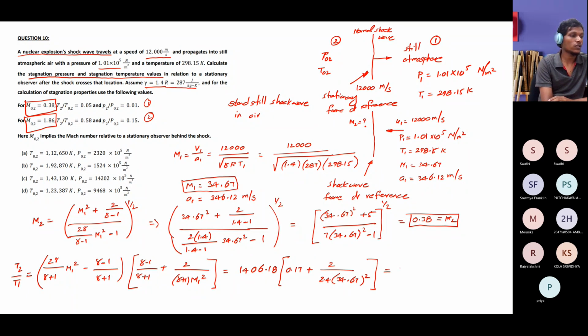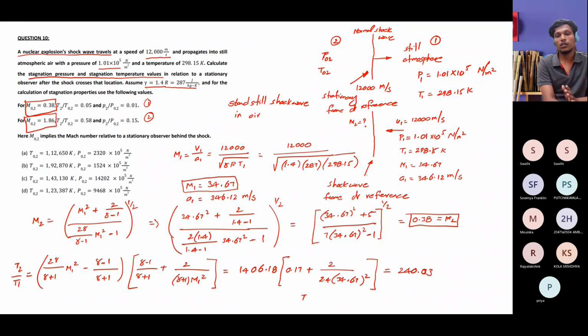And further simplifying, you will see it is 240.03. Now we have T1 here, but what we need is T2, the temperature behind the shock. We got the ratio T2 by T1 equal to 240.03. That is the temperature ratio.